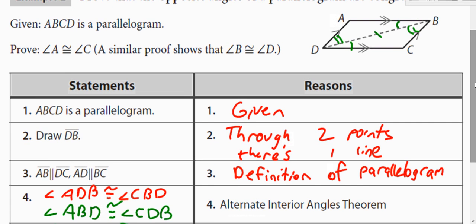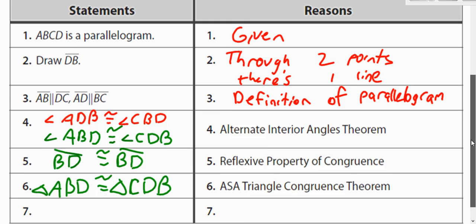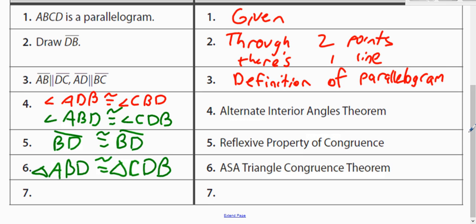So the two triangles are congruent. Triangle ABD is congruent to triangle CDB. The order doesn't matter as long as you do it in corresponding order. So we proved the triangles were congruent.